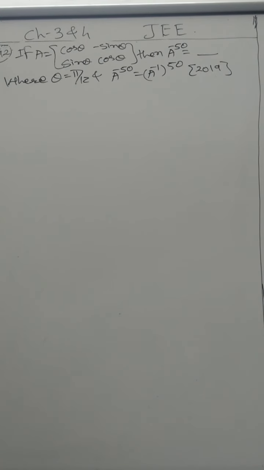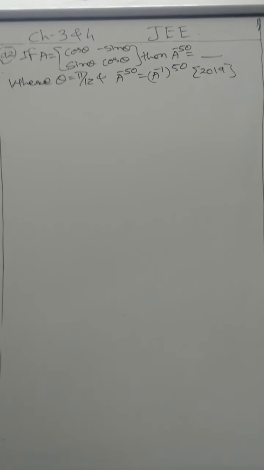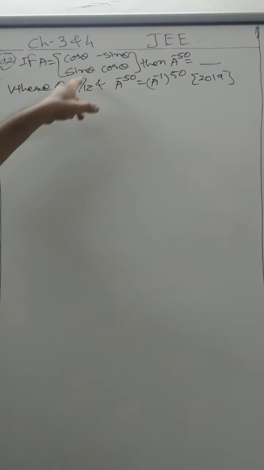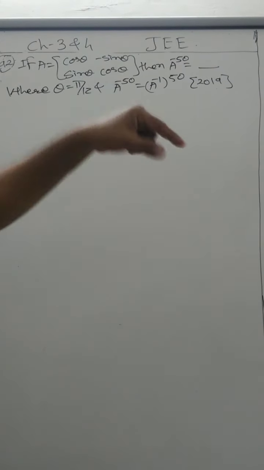Next sum, 92. Okay, 92 sum. If A is equal to the matrix [cos theta, minus sin theta; sin theta, cos theta], then A raised to minus 50 is what? Where theta is equal to pi by 12, and A raised to minus 50 is A inverse raised to 50.